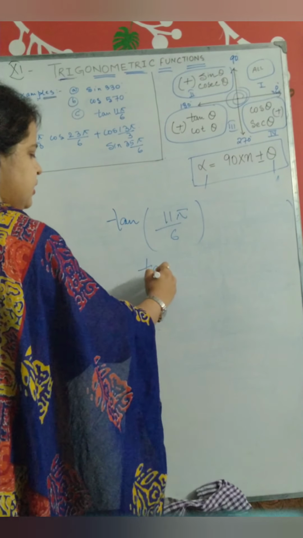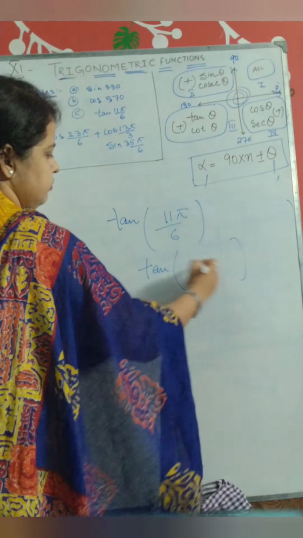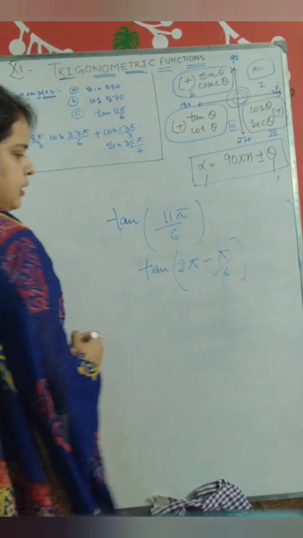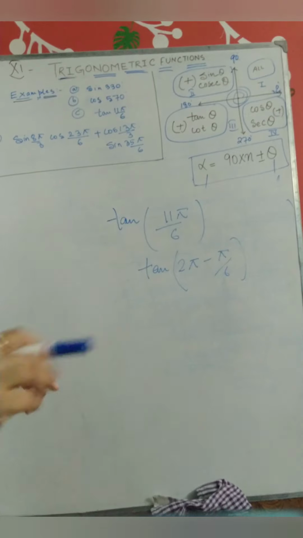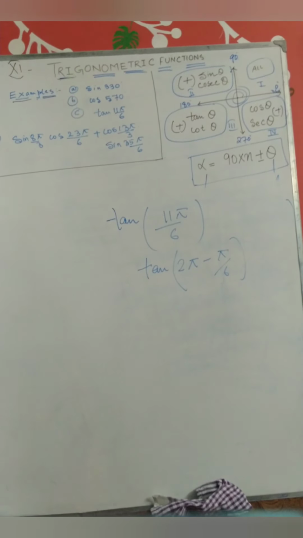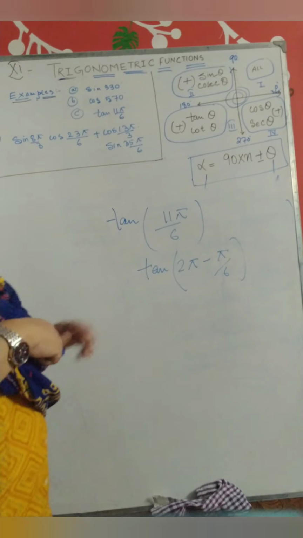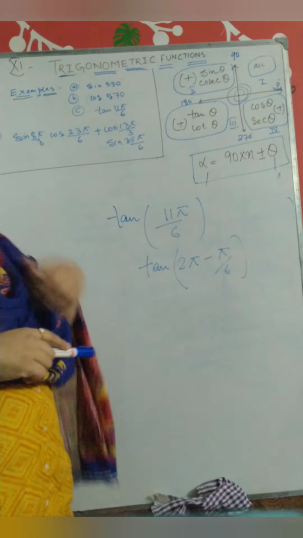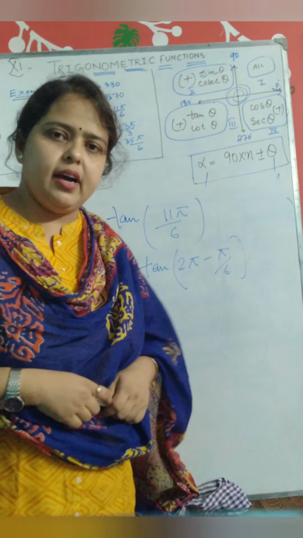Can I split it like this? Children, very carefully for you. Satisfy yourself with the explanation. 2 pi minus pi by 6. Yes. So 12 minus 1 pi.